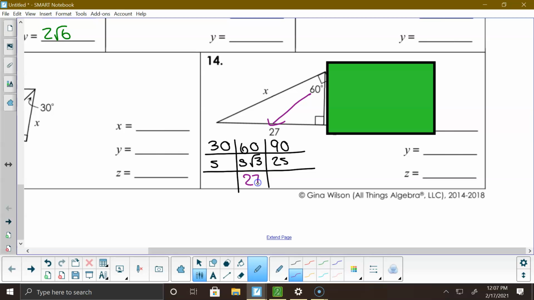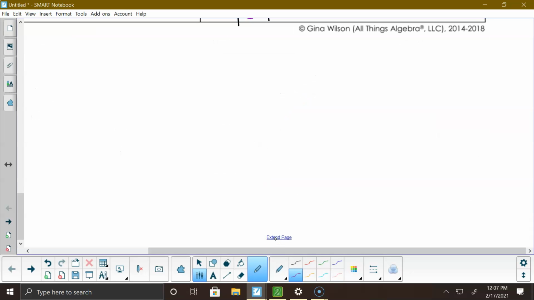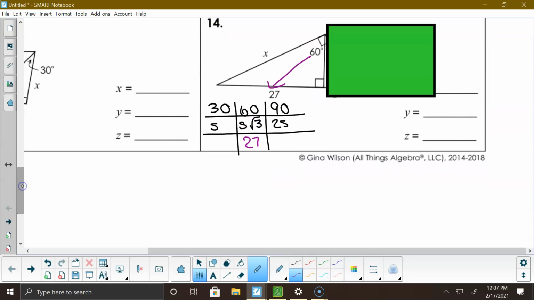That makes this a 27. So far, so good? Now, to the left on this. When we move to the right, we just had to multiply, correct? So what's the inverse operation of multiplication? Dividing. So I need to divide this by a square root of 3.